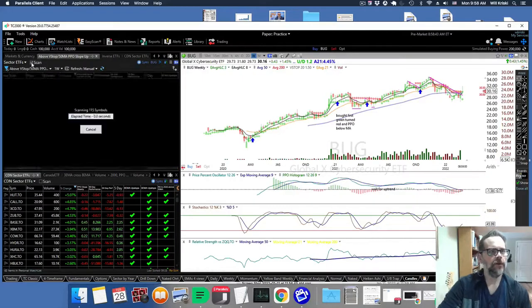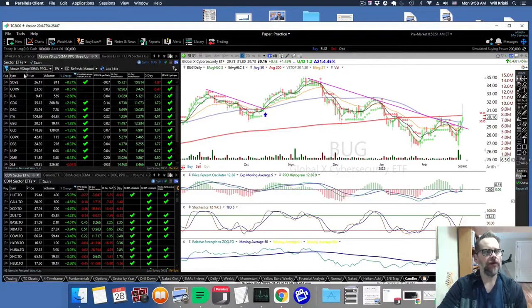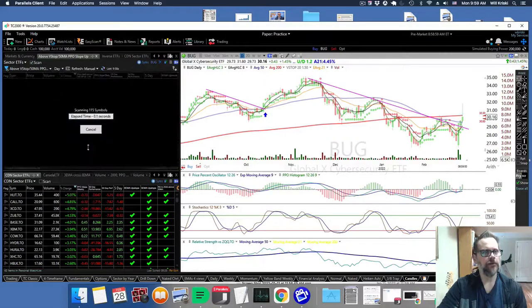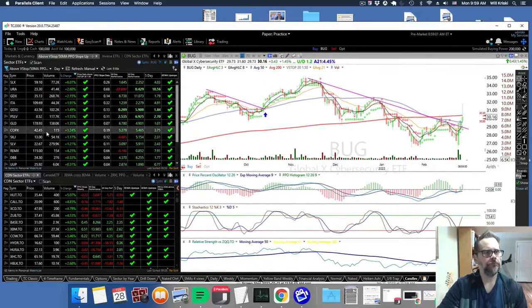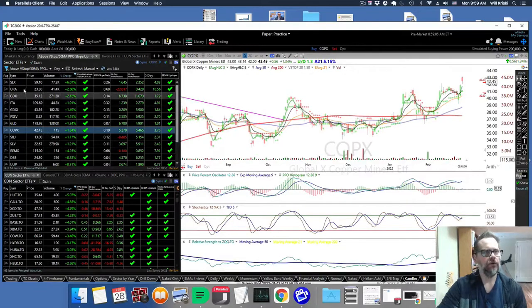If I click on this checkbox for scan, I've got a chart that looks at things that are above the 50, and it depends whether it's a weekly or daily chart. So I can switch this to a daily chart. You can see COPX, which is copper, gold, uranium, silver.